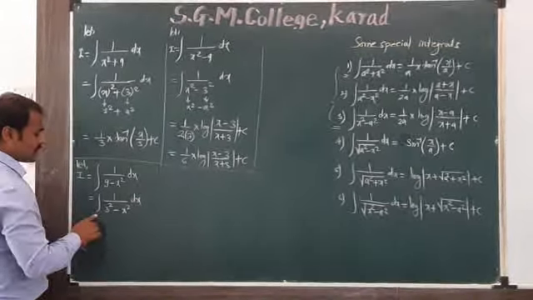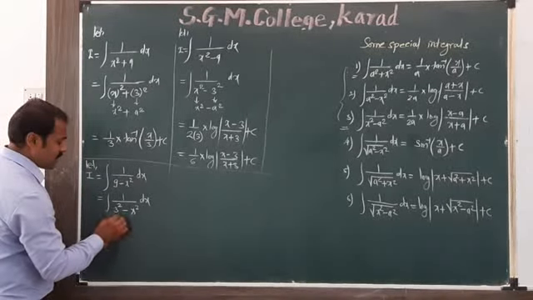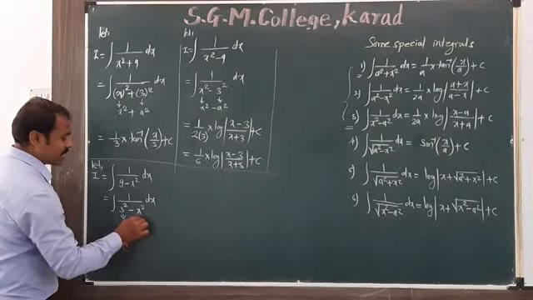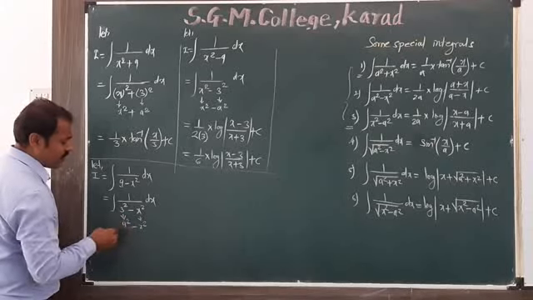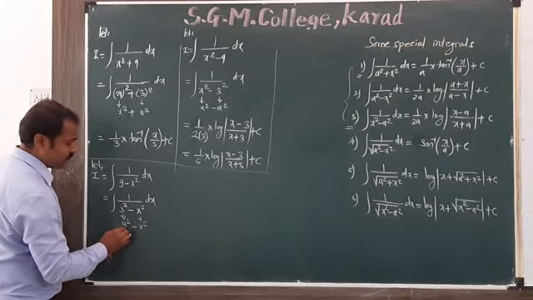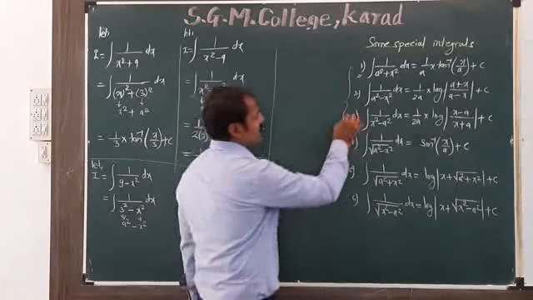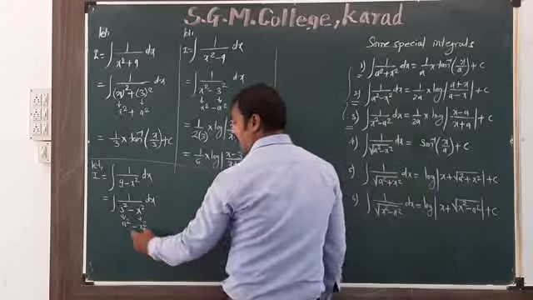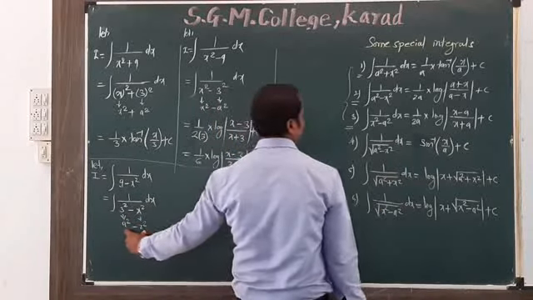Okay. So the integration becomes integration of 1 upon 3 square minus x square dx. 3 is the constant, so it looks like a square, and x is the variable as it is, and we know the formula of integration of 1 upon a square minus x square dx. There are two factors of a square minus x square, a minus x and a plus x.